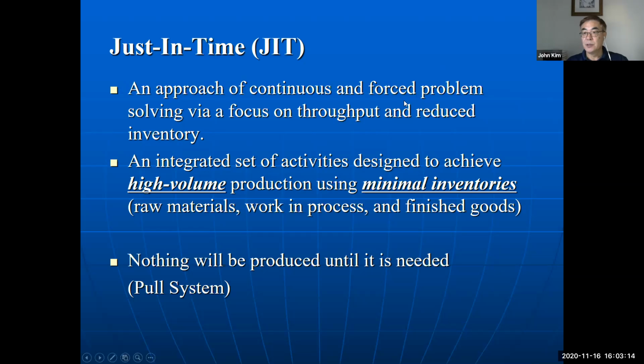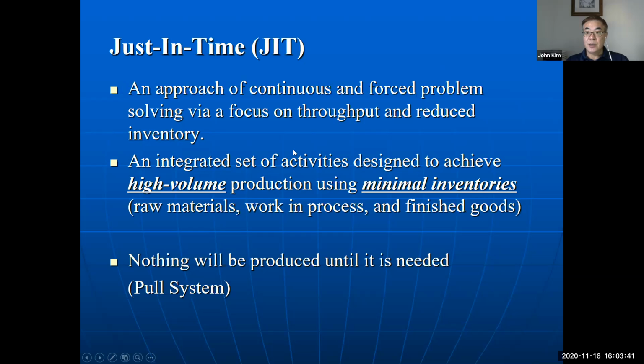So just in time is an integrated set of activities designed to achieve high volume, produce more using minimal inventory. Inventory are raw material, work in process, finished products, component, and so on.